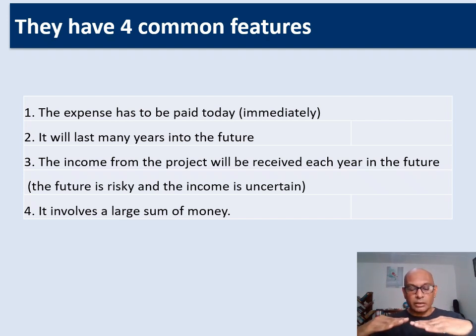It requires a large amount of money to start immediately, and it will last many years into the future. Just like any other non-current asset, the income will be received in the future, year by year.